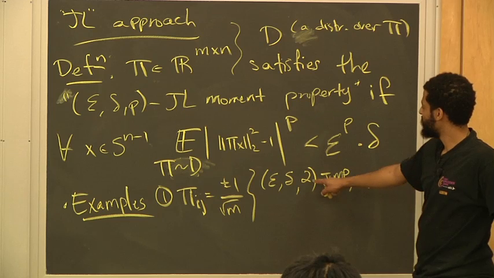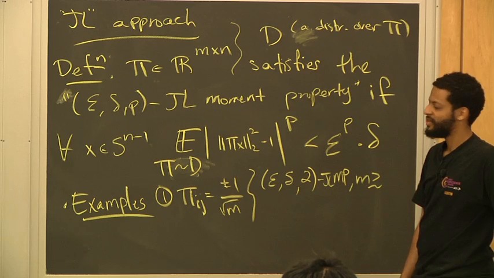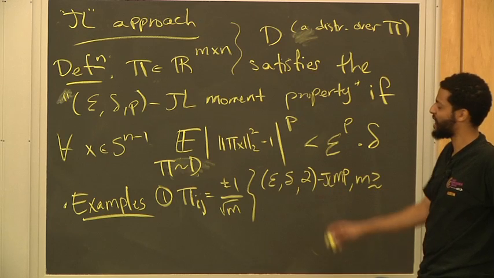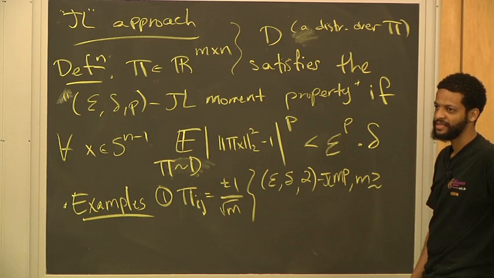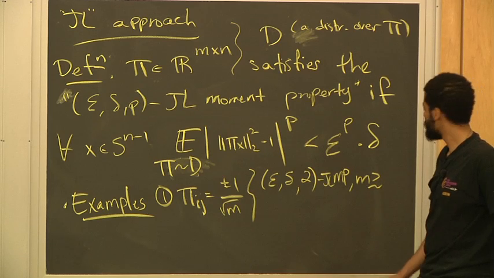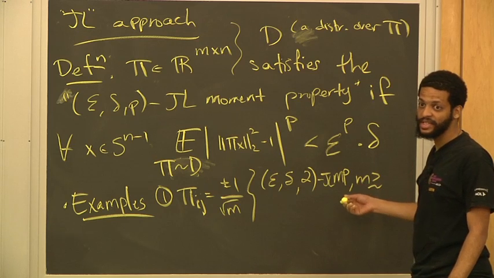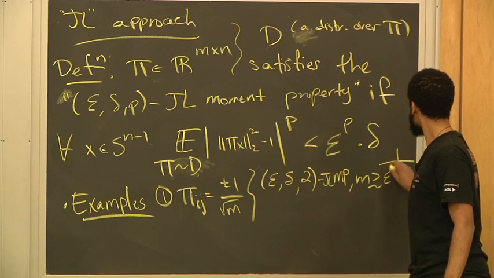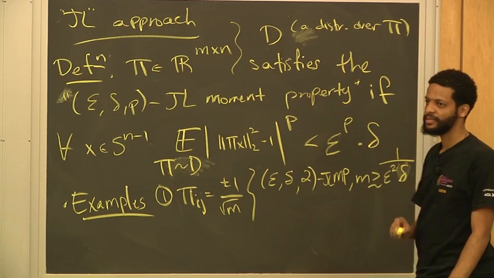What did m need to be to have this? Since p is 2 for me right now, this was basically a variance calculation. We're looking at the second moment, and when you're dealing with the second moment, you get something like m at least 1 over epsilon squared delta.